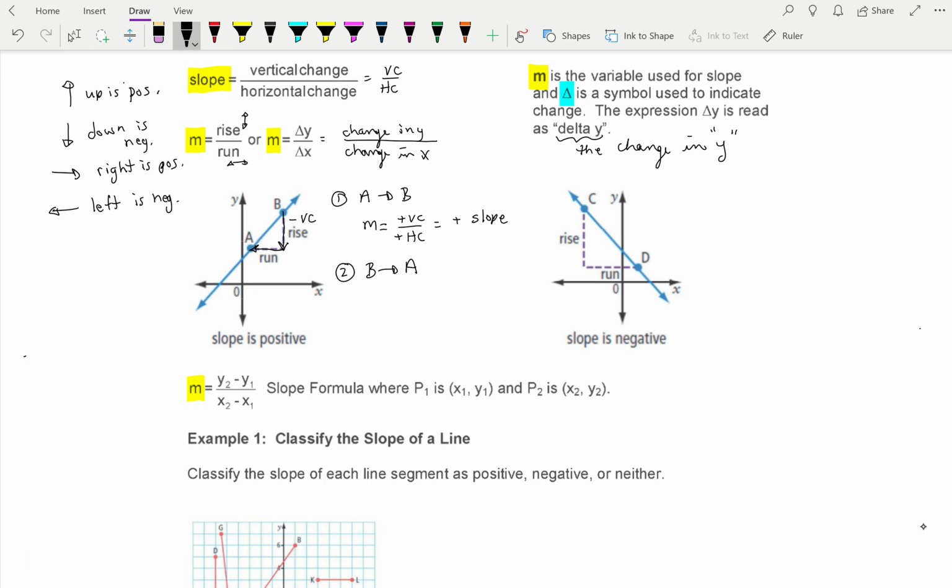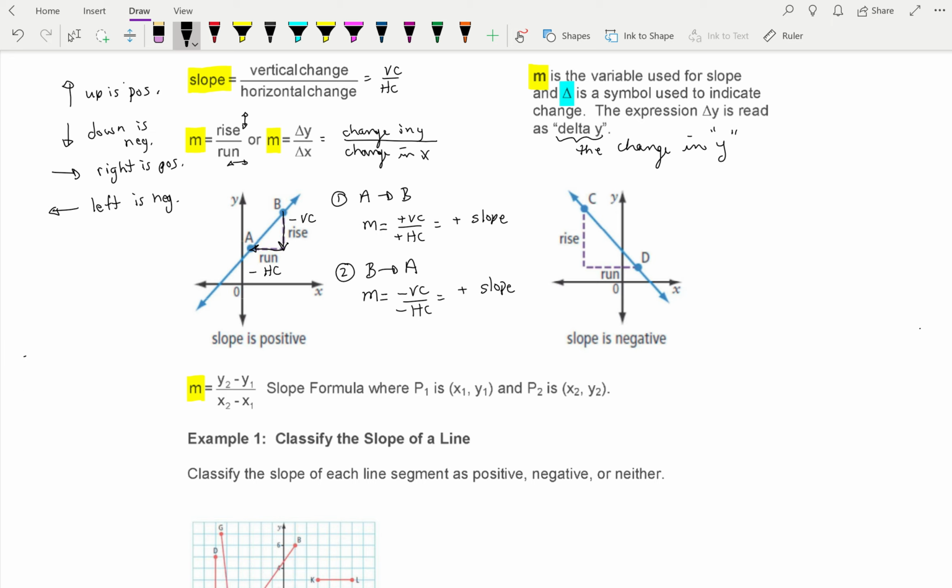Going to the left is a negative direction, and that is our horizontal change. So using our formula, vertical change over horizontal change, we have a negative vertical change over a negative horizontal change. A negative divided by a negative is a positive, so we have a positive slope.